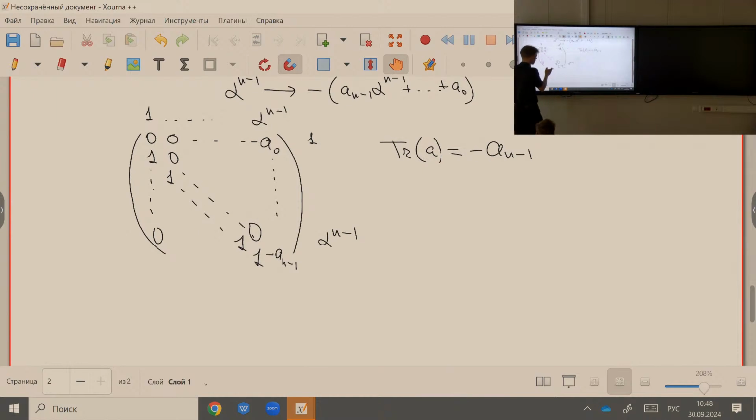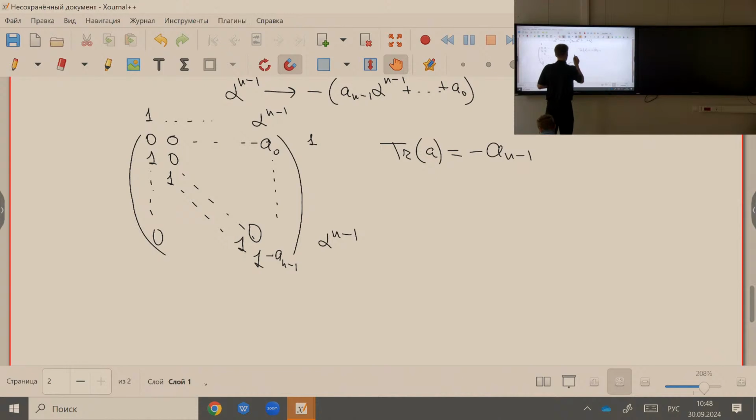Also, by the way, you can calculate the determinant, so the norm. What is the norm? Minus a_0?